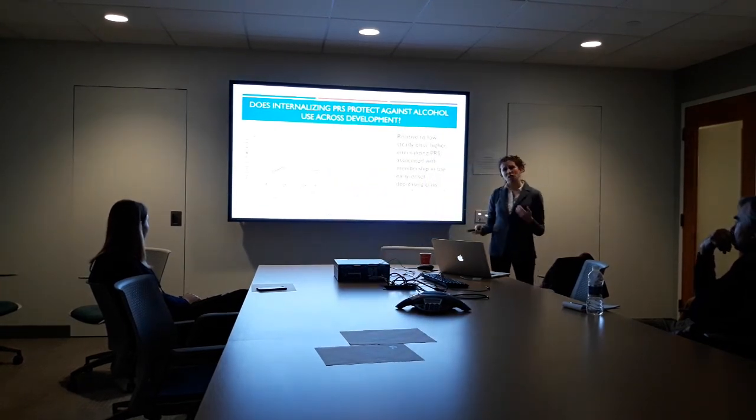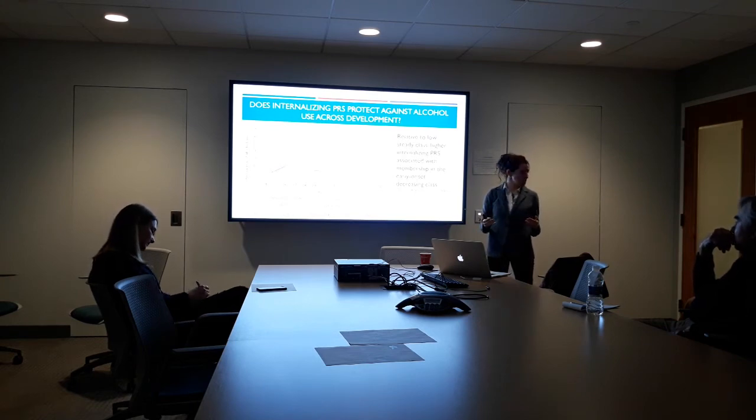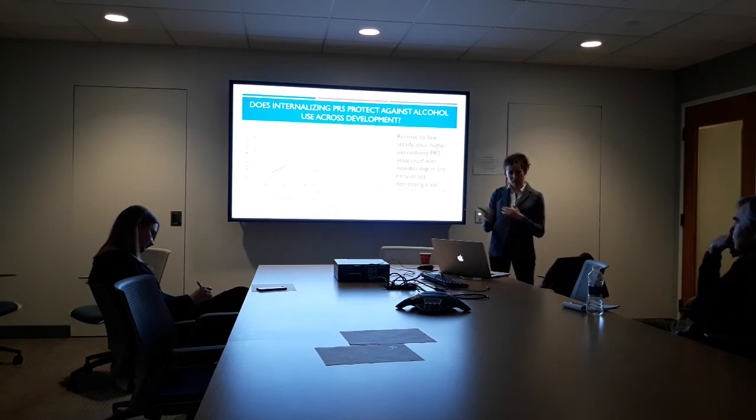So one of the things we thought about when attempting to think about why these results were the way they were, we know that early and middle adolescence is a time of transition and change for many young people, a lot of contextual changes, social and biological changes as well.